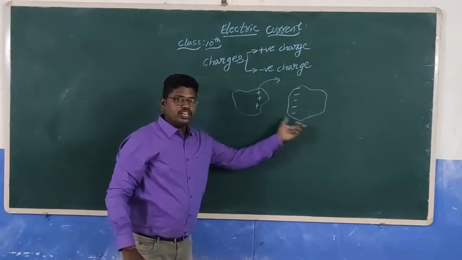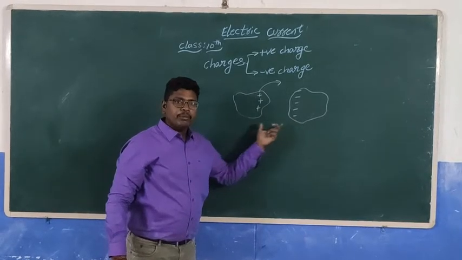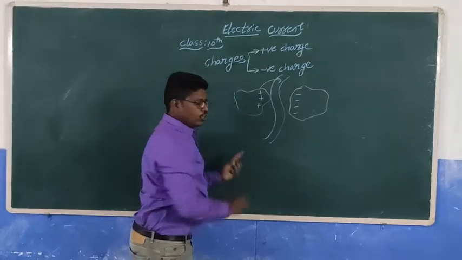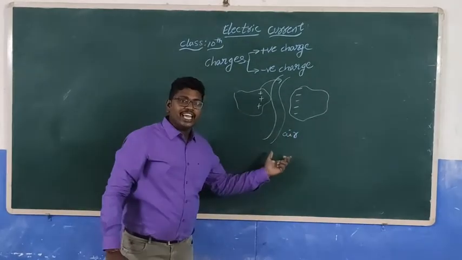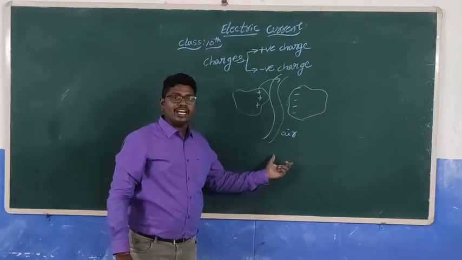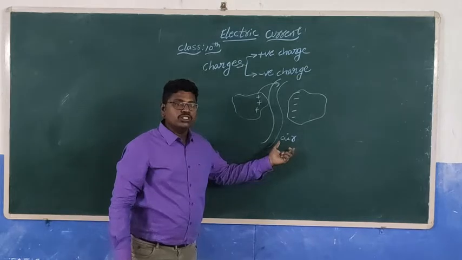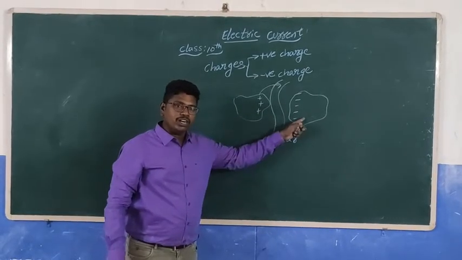Positive charge is attracted to negative charge, but between these two clouds air is present. This air behaves like a bad conductor, and it does not allow the positive charge to move from one cloud to the other cloud.